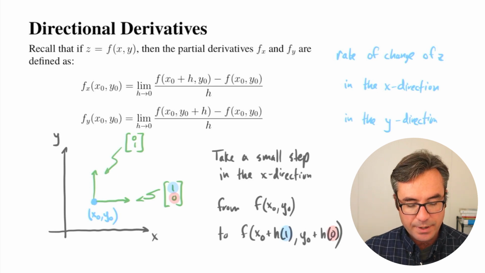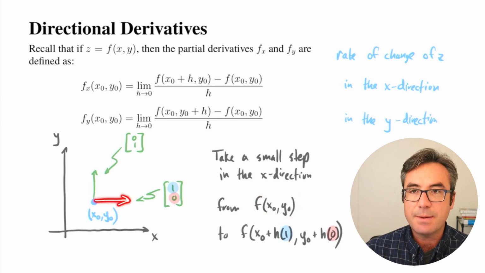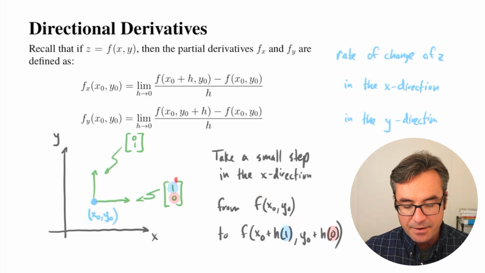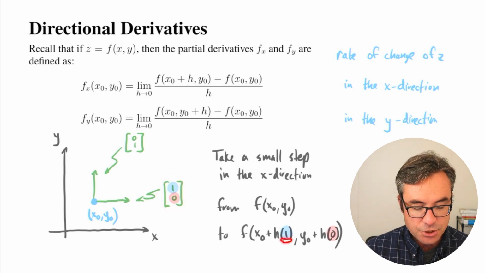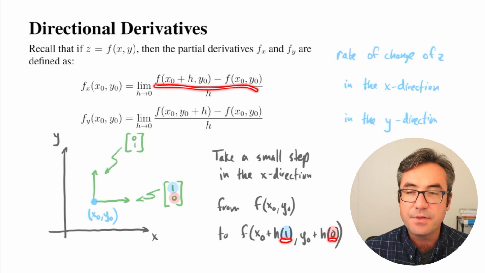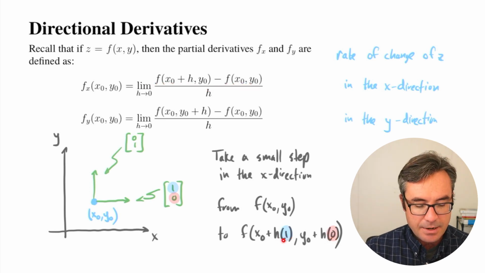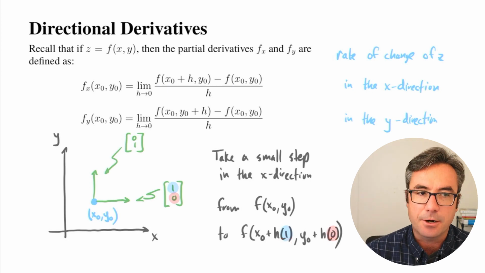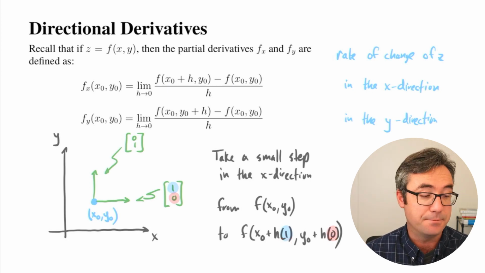And so what we're doing is we're looking at the change in our function as we take a small step in the x direction, and that vector that gives us the direction is actually showing up in this limit calculation. Even though it didn't really look like it at first, that vector is really showing up here. And this is going to lead us to our definition.